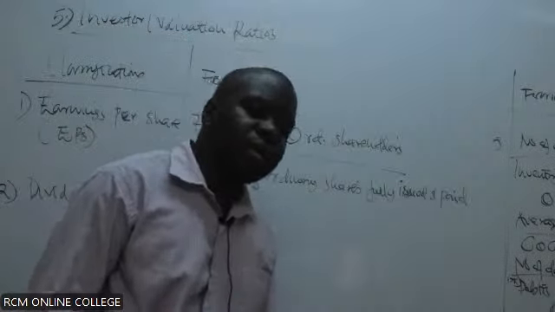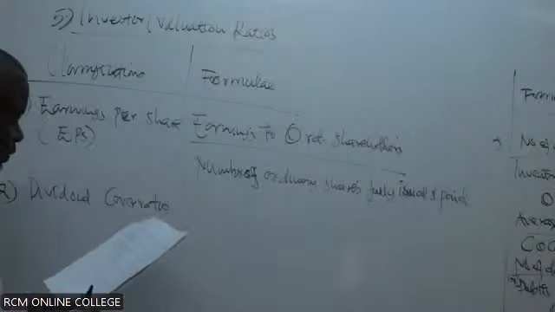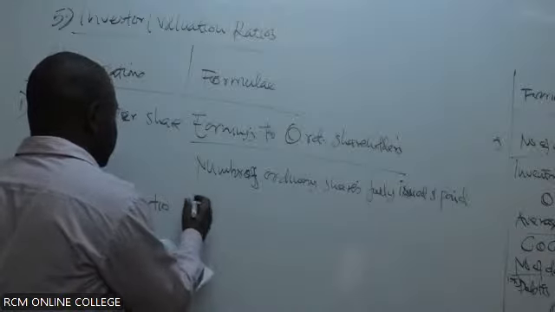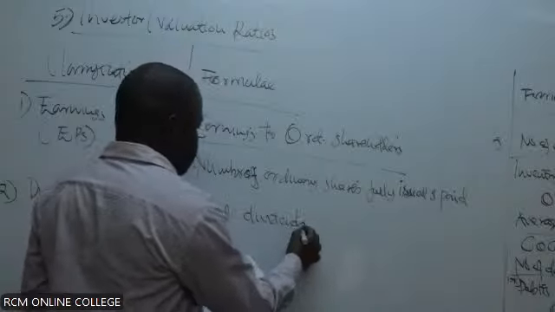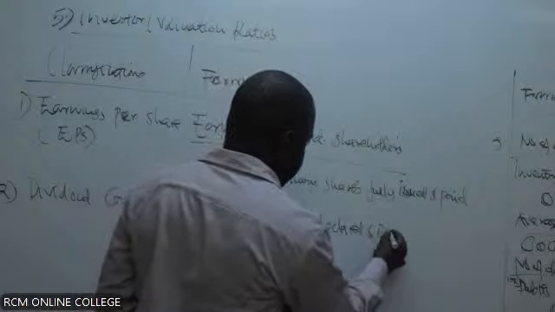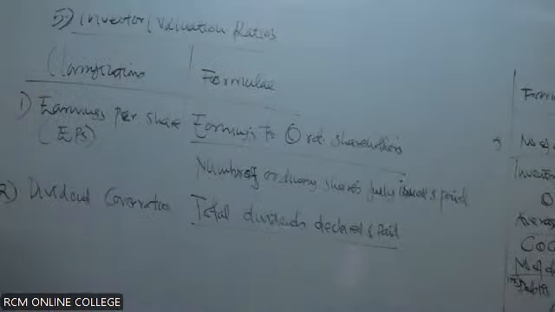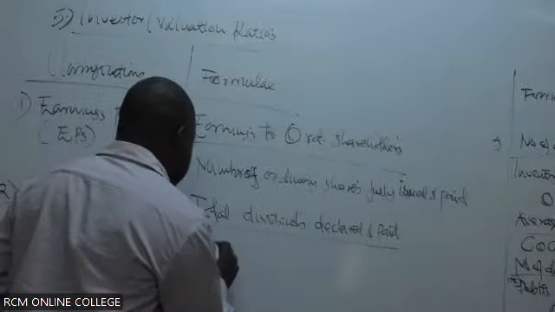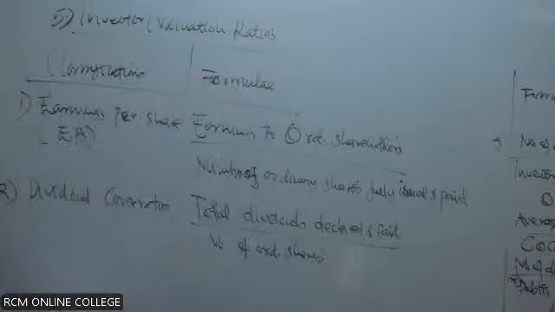You take the total dividends declared and paid, and divide by the number of ordinary shares.